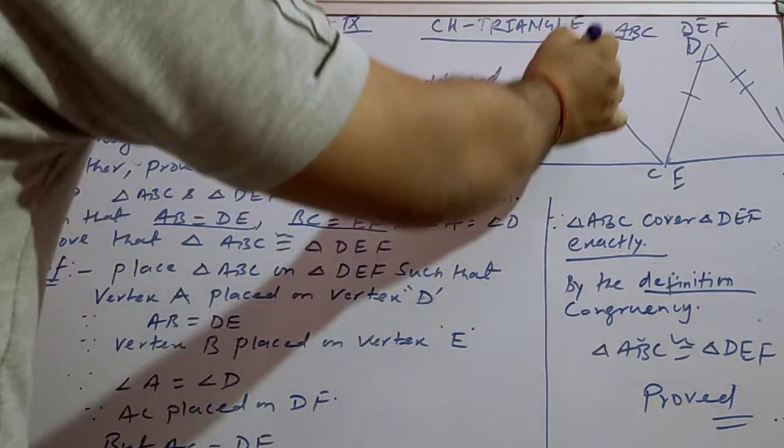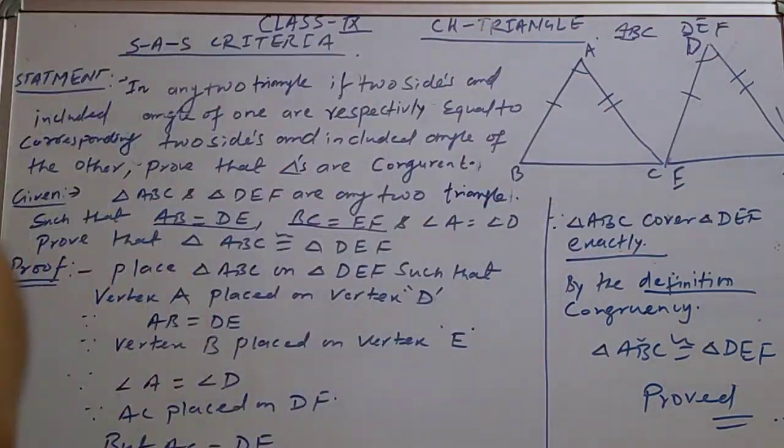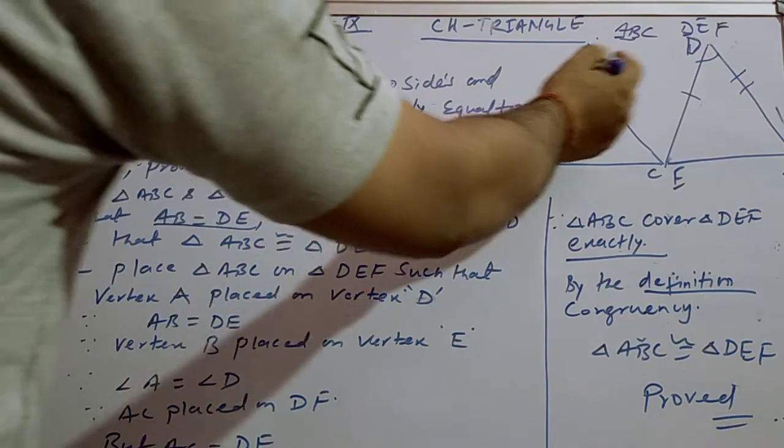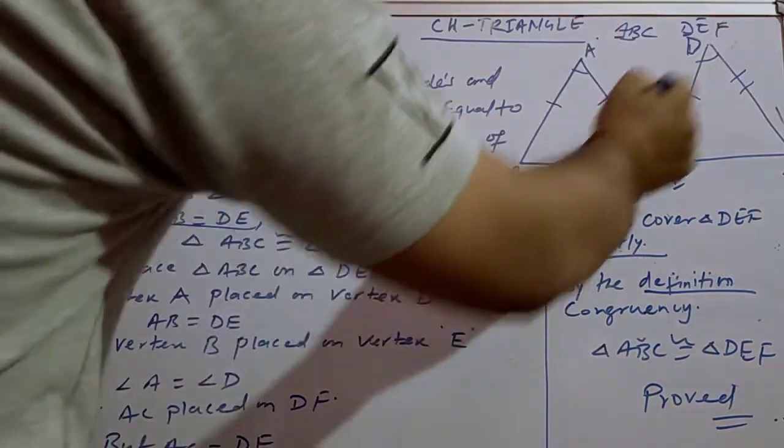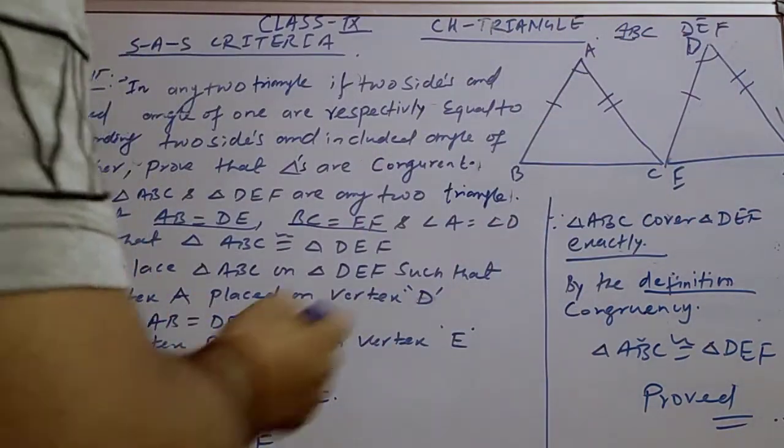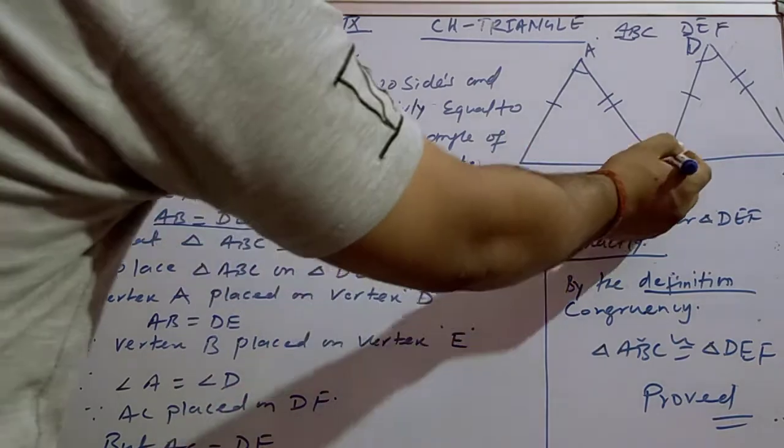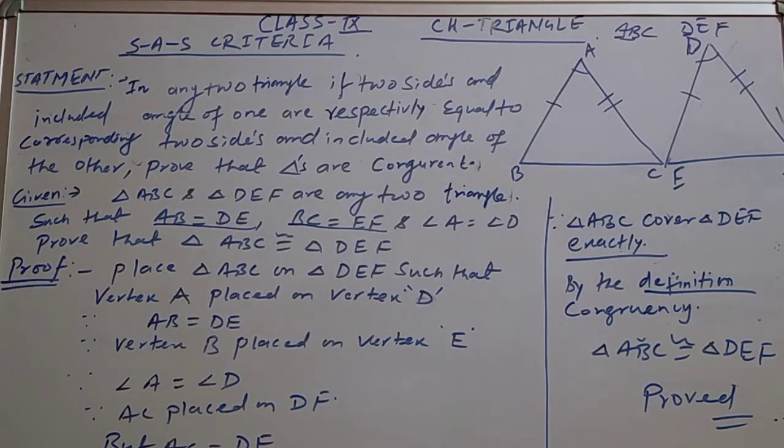Now here given AB is equal to DE. So if vertex A is placed on vertex D and AB is equal to DE, now you can say that sir, vertex B will be placed on vertex E. Yes or no?